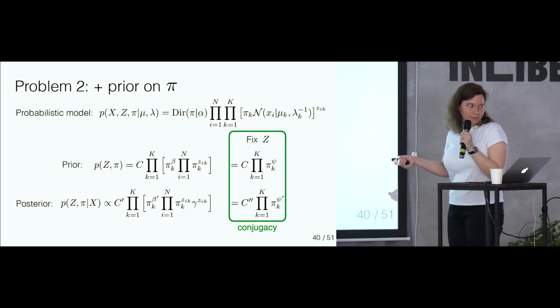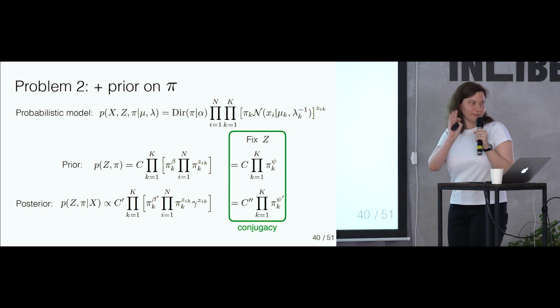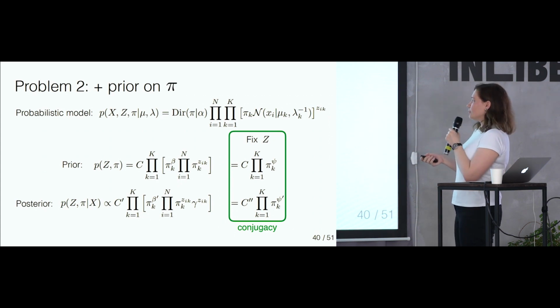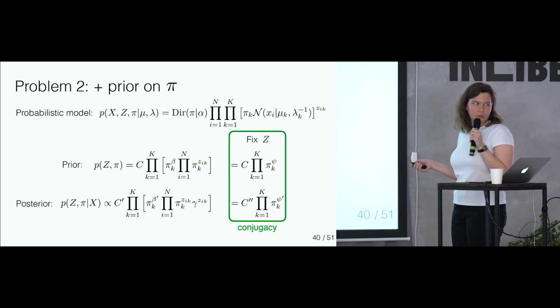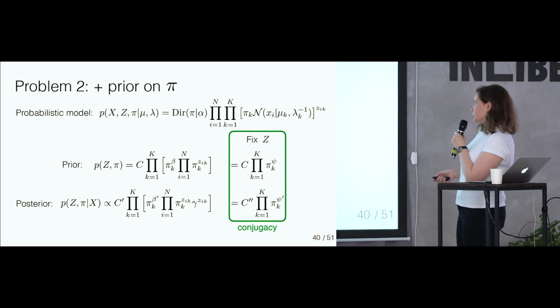For 1 minute, it's not a variable. Therefore, the prior has a simpler form. We don't have z now in the prior. And the same in the posterior.